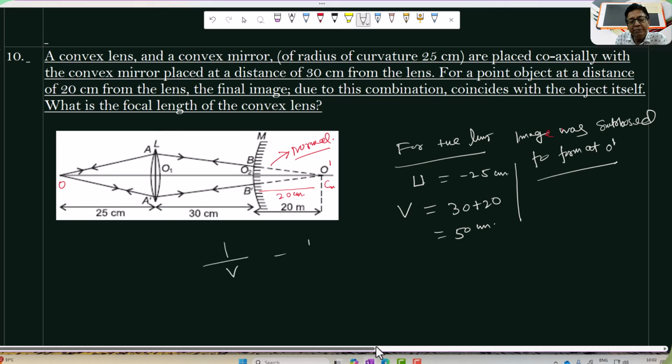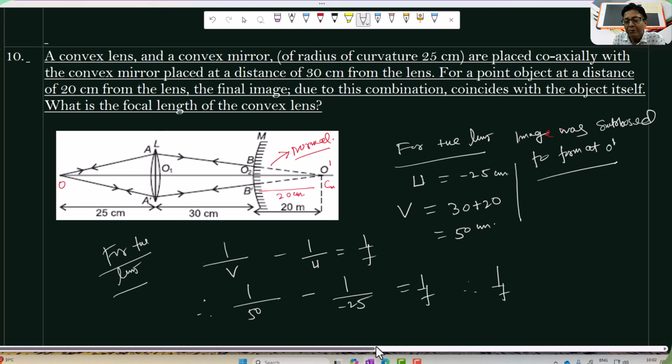Now 1 by V minus 1 by U for the lens. 1 by V minus 1 by U equal to 1 by F. Therefore, 1 by 50 minus 1 by minus 25, so 1 by F equal to 1 by 50 plus 1 by 25.